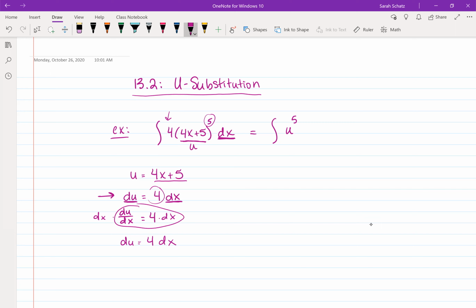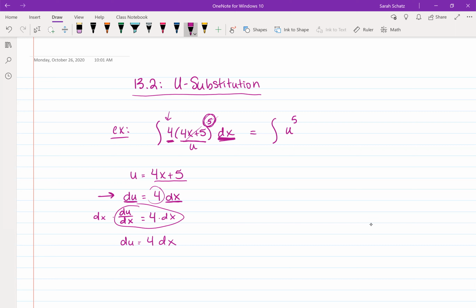Now, when I rewrite, remember, I can't change it. I just have to rewrite it in a different way. So I've taken care of the u, and I've taken care of this 5th, and I wrote that here. So I'm done with this and this. But I still have a 4 and a dx over here that I need to rewrite into my new term with u's in it.